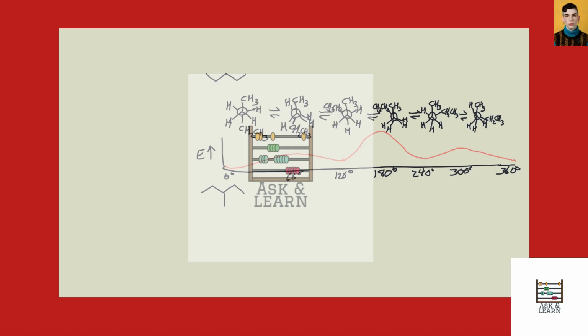Okay, now 3-methyl pentane. It's going to be a little bit different. We're still looking down the C2, C3 bond, so carbon 2 has a methyl and 2 hydrogens attached to it.